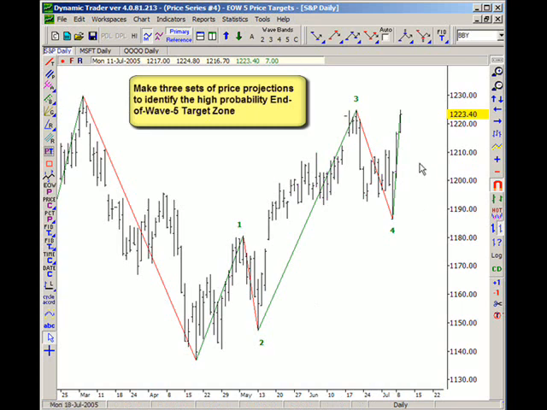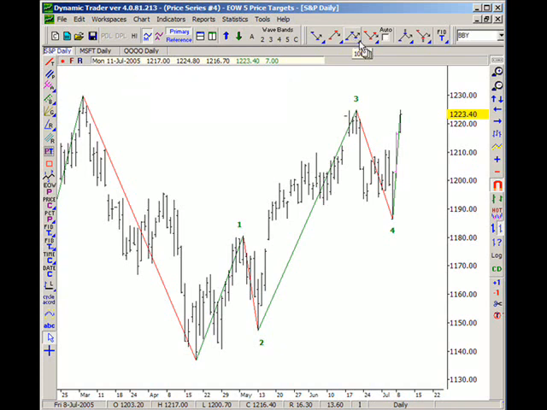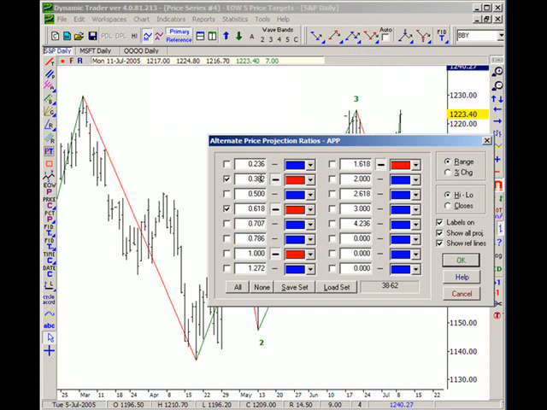Then we're going to look and see if there is a relatively narrow range that has projections from each of the sets to give us a target zone. So the first projection we're going to make is the 38% and 62% alternate price projection of waves 1 through 3.